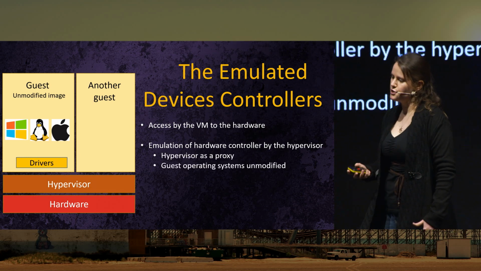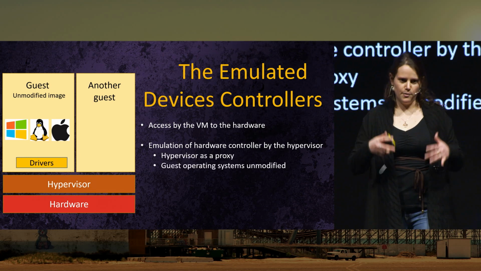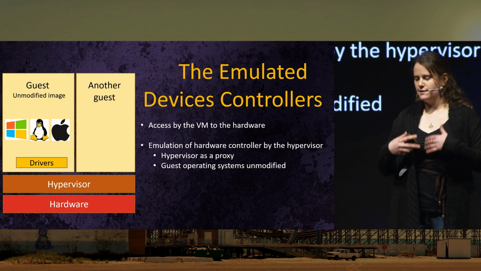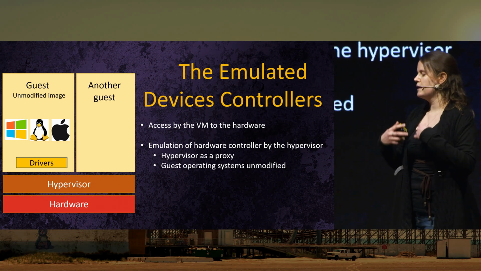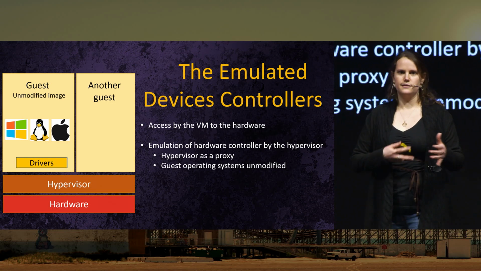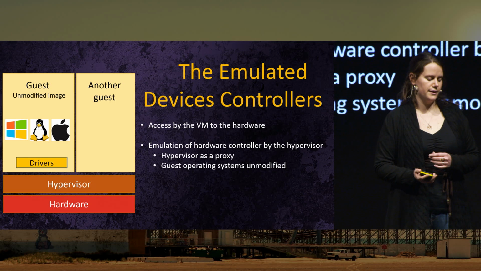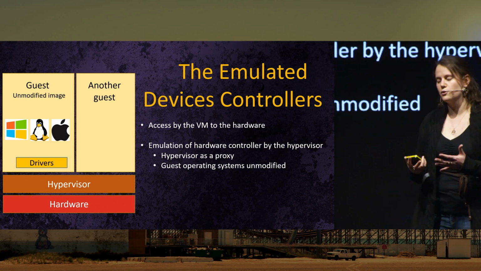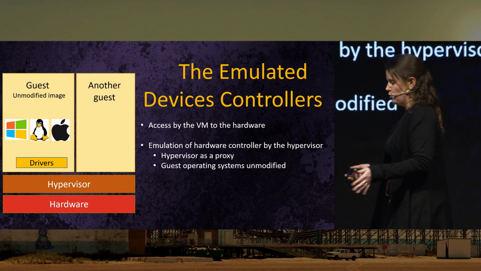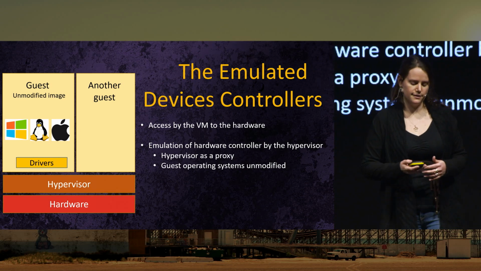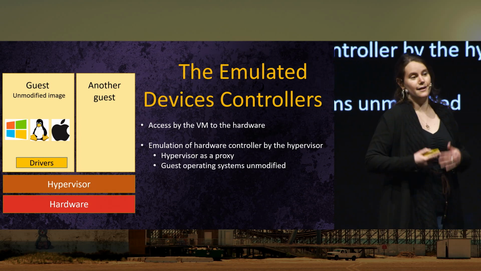With emulation, the hypervisor acts as a proxy, and the guest is unmodified. It sends requests to the hypervisor. The hypervisor then deals with it as if it was the controller. So it either sends it to the real controller, or it aborts, or it handles it software-wise. So you can imagine that there's lots of code added to do that, and it's complex.